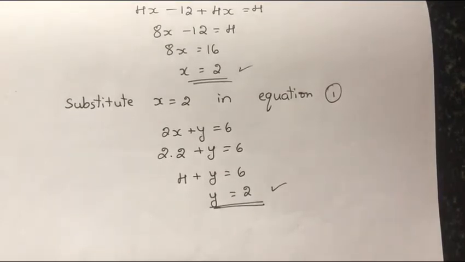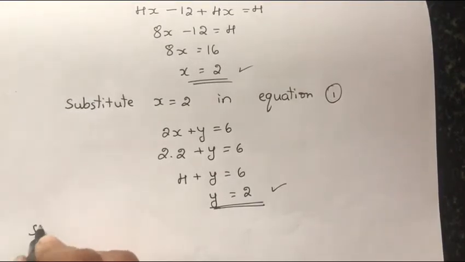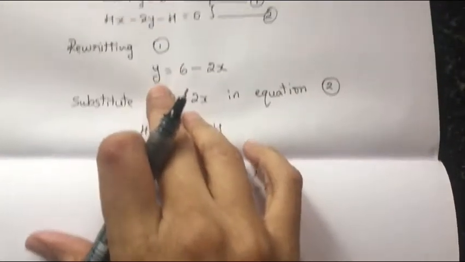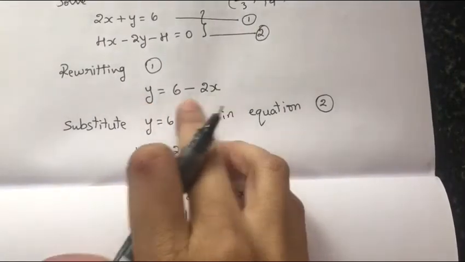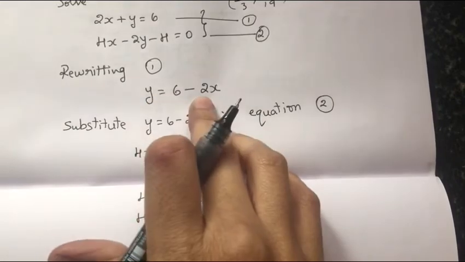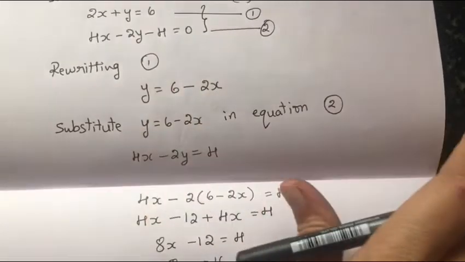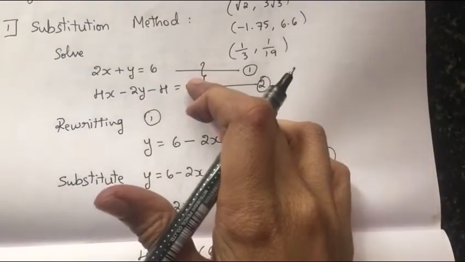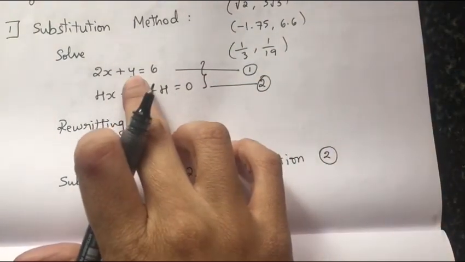Step 1 is to find the value of one variable in terms of the other, writing y in terms of x or x in terms of y. You just have to rewrite any one of these two equations. It's not necessary that I always take the first equation.